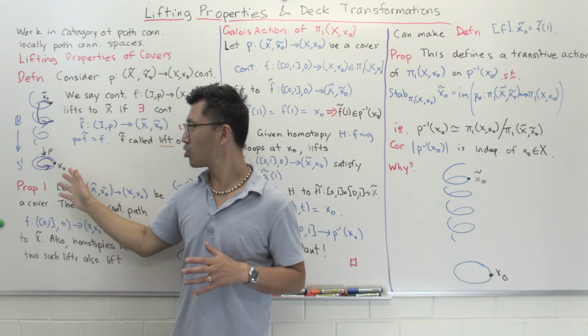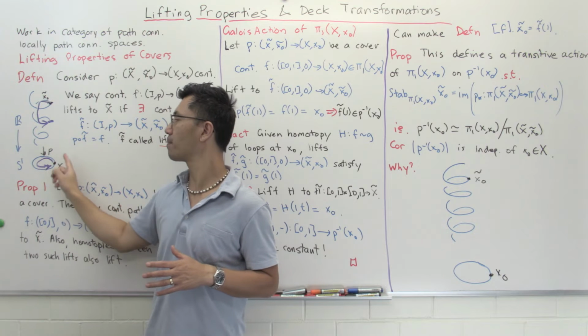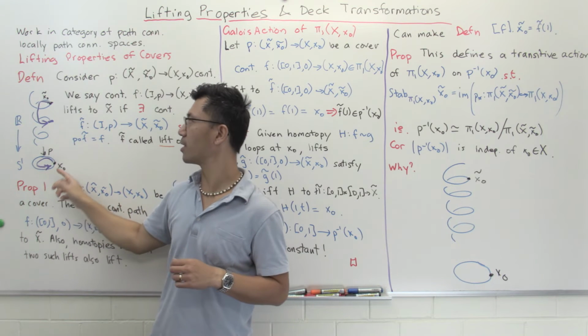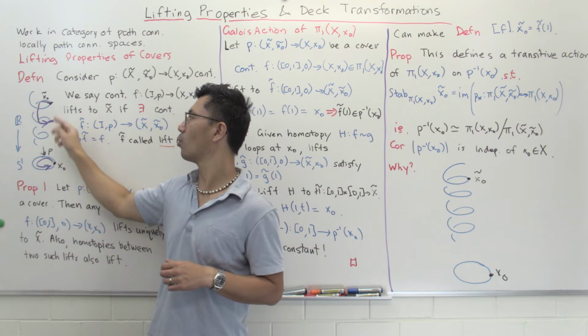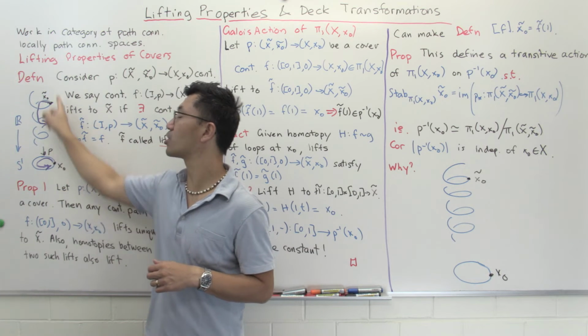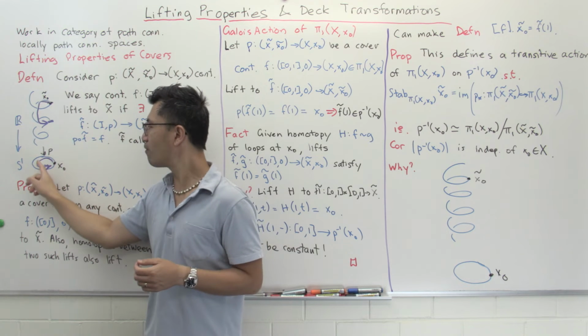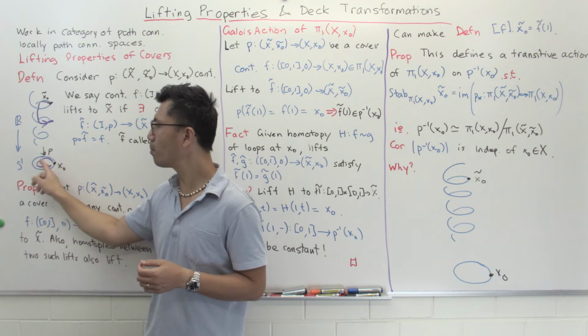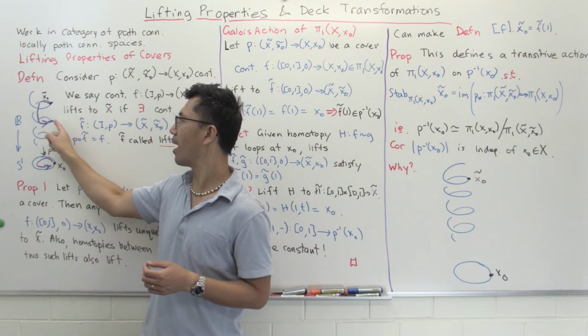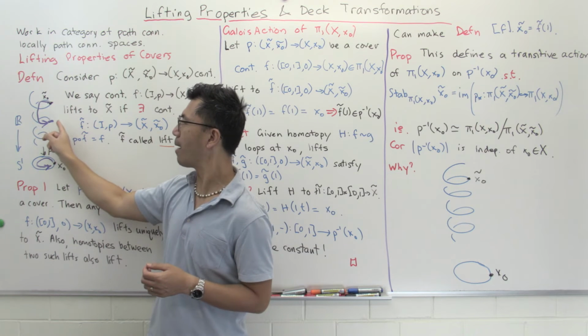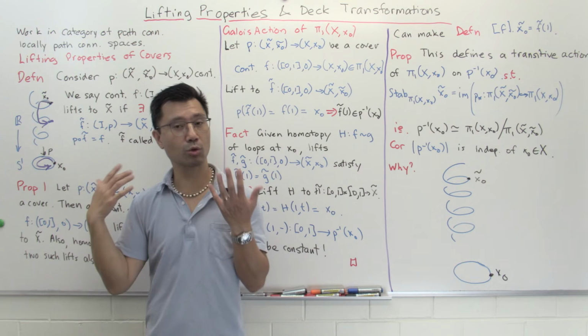So the picture you should see is you have these loops here, and we're going to associate to each of them these endpoints of lifts, which is another point in the inverse image of this x0. And so you can ask now, as you change this loop, how does this endpoint change? Okay, that's a good question.